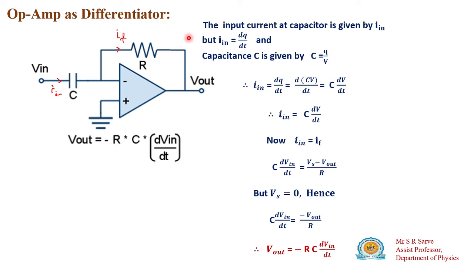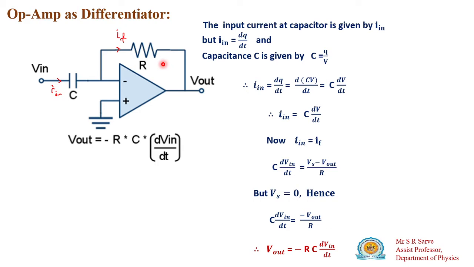So in case of differentiator we have connected a capacitor, and through the capacitor input voltage is supplied to the inverting terminal of the operational amplifier, and a resistance is connected in feedback. Here the output is connected to the inverting terminal through resistance.